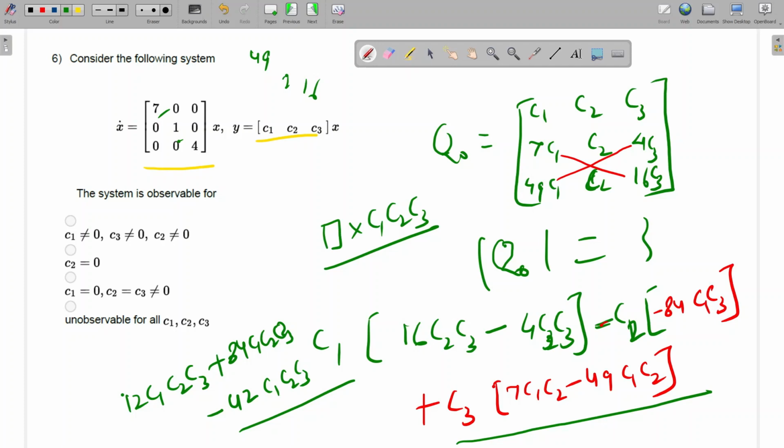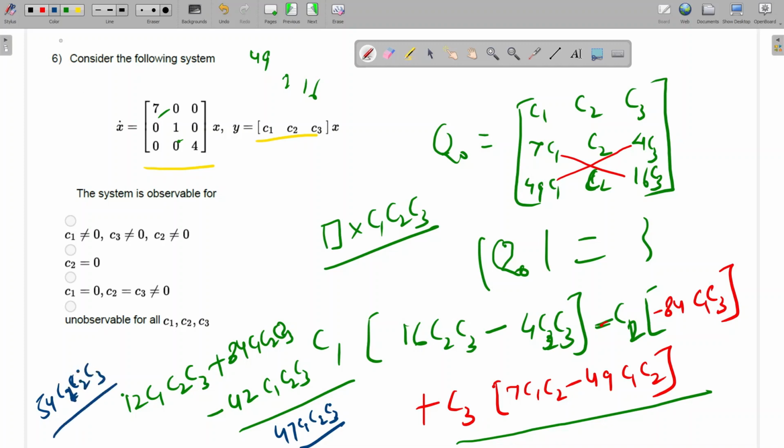Any mistake there? I think some calculation mistake is there. I'm getting 47 C1 C2 C3. It should come as 50. The answer is 54 C1 C2 C3. Any mistake there?